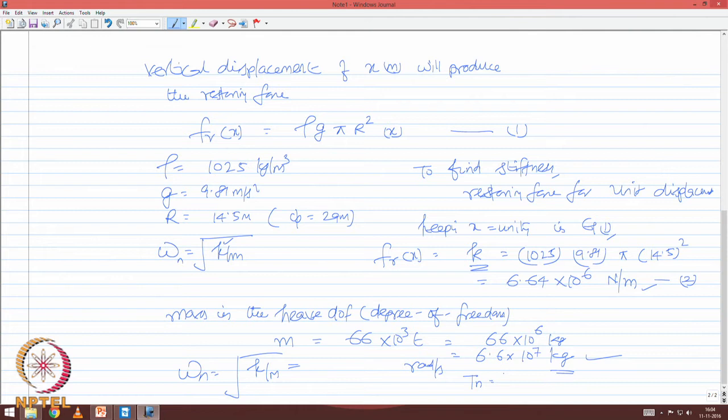We know omega is 2 pi by T. So, period, if you do substitution of k and m, the period you work out is going to be 20.78 seconds. So, that is a typical period of a spar platform in heave degree of freedom.